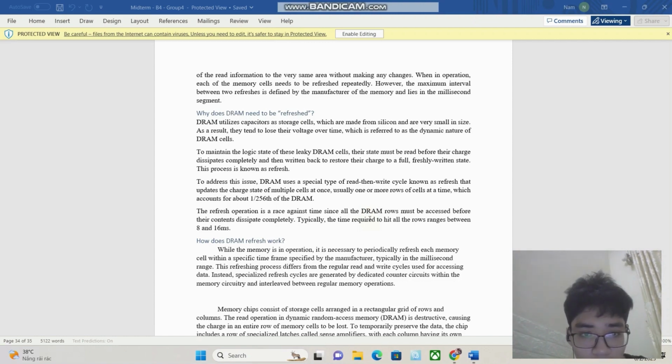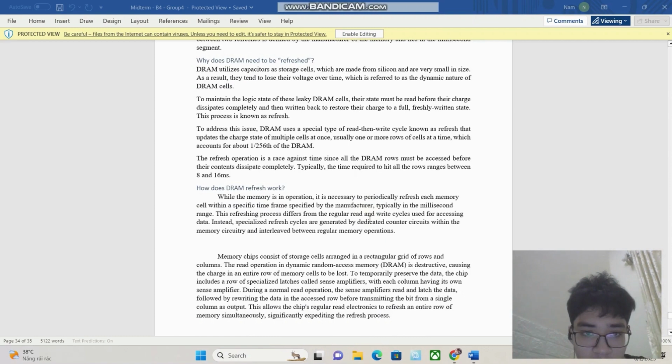To maintain the logic state of the DRAM cell, the state must be read before the charge dissipates completely, then written back to restore the charge to a full, freshly written state. This process is known as refresh.